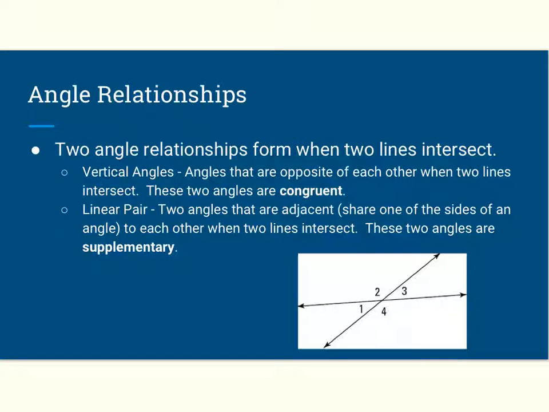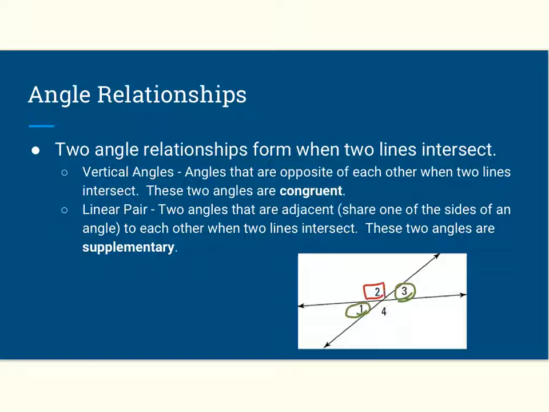Okay, two more types of angle relationships that form when two lines intersect. So we see here that we have two lines intersecting, and we have four angles. We have vertical angles when this happens, or we have a linear pair. So vertical angles would be like 1 and 3. Those are vertical angles.